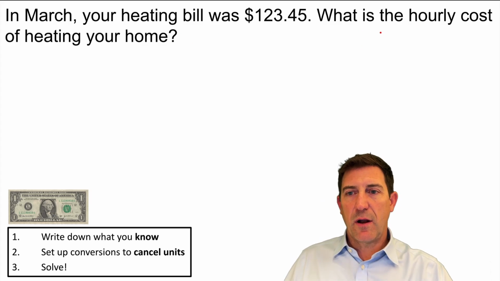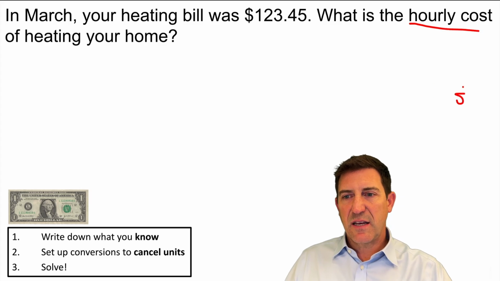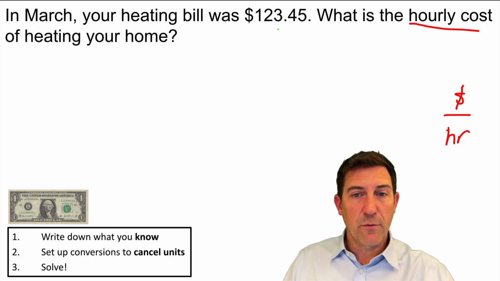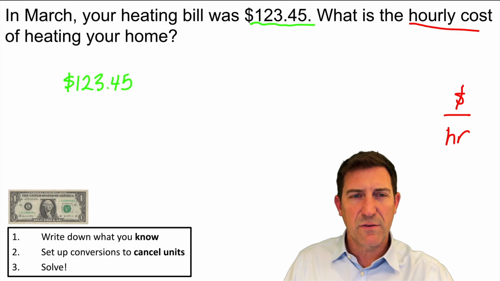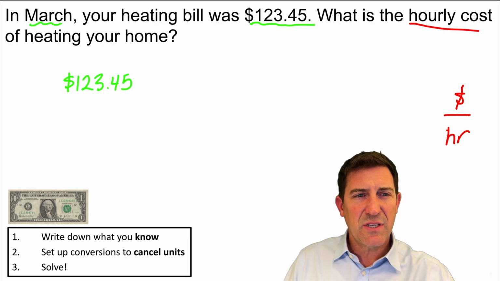So we've got our unknown is hourly cost. That's going to be dollars per hour. Well, what are we starting with? It looks like we have $123.45. And this was in March. So the question becomes, well, how do we deal with this?